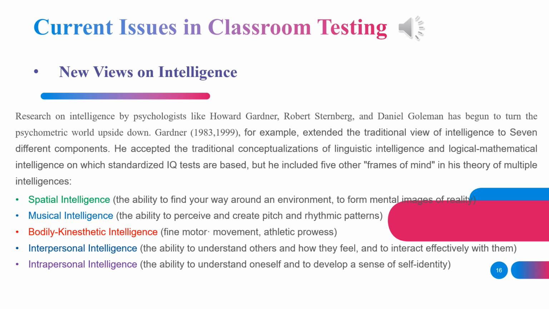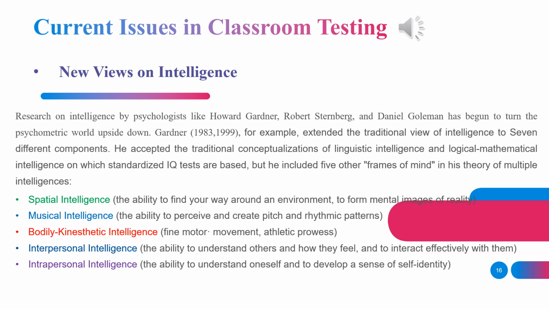The first, spatial intelligence, the ability to find your way around an environment, to form mental images of reality. Second, musical intelligence, the ability to perceive and create pitch and rhythmic patterns.